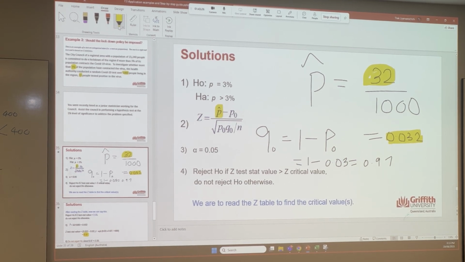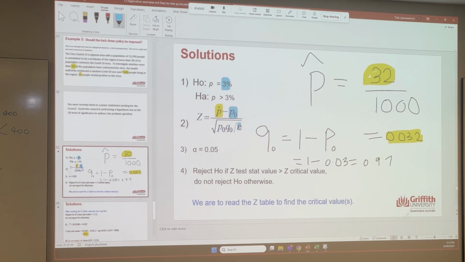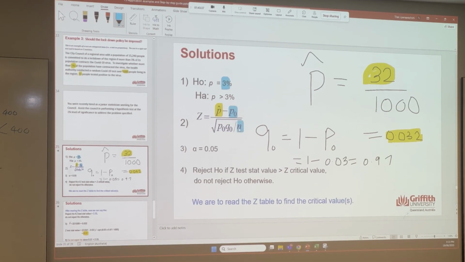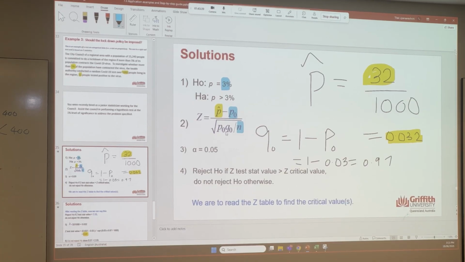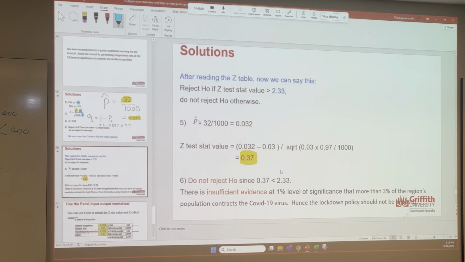And then you know P naught is the value here, this is P naught, right? So N is 1000, that's there. P naught and Q naught is 1 minus P naught, 0.97. Yeah, and then you go to the next step.